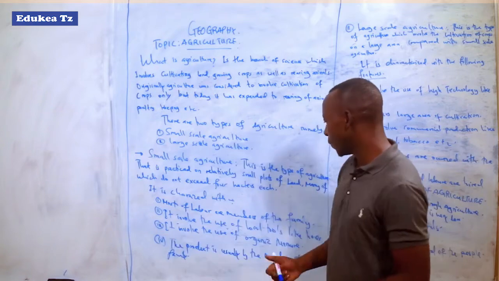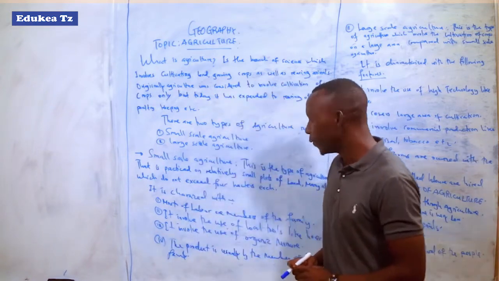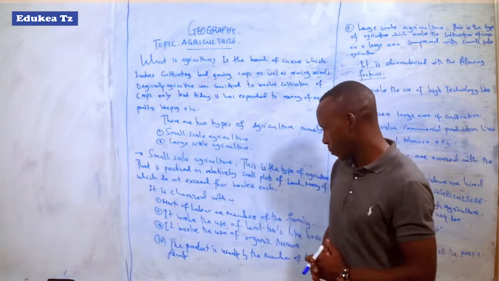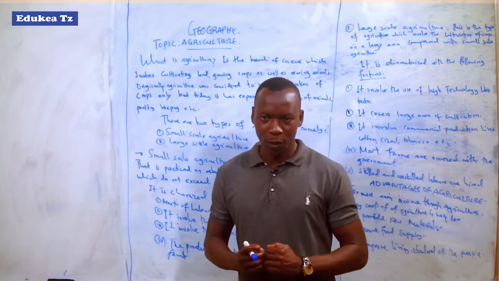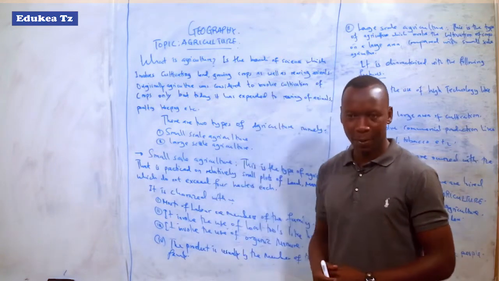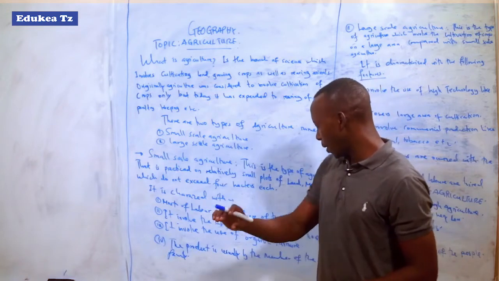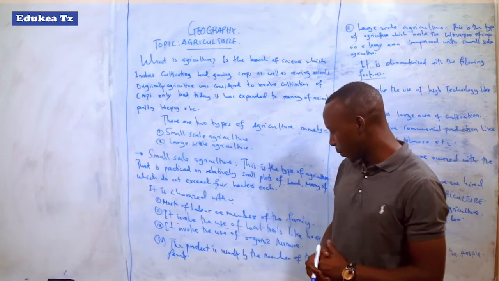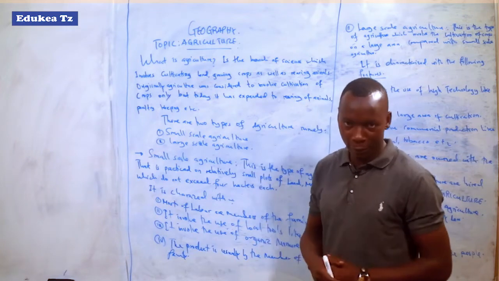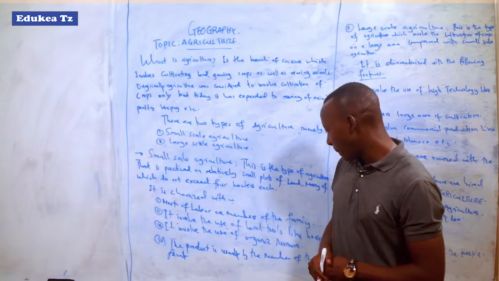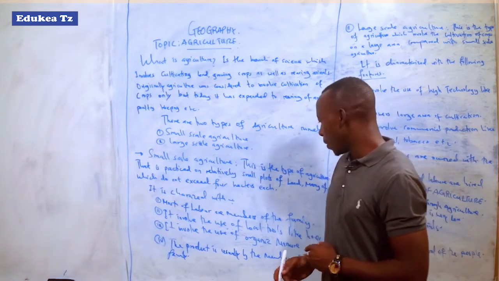Another feature is that it involves the use of organic manure. What is organic manure? Organic manure is a type of manure produced from animals, like feces of animals, and other materials from the surrounding environment.